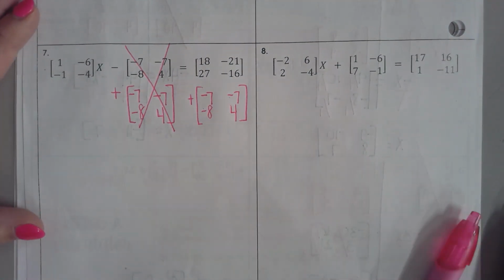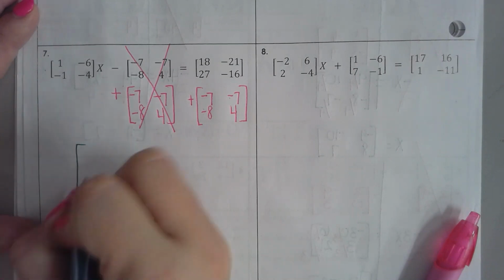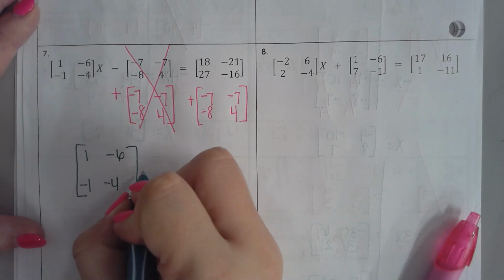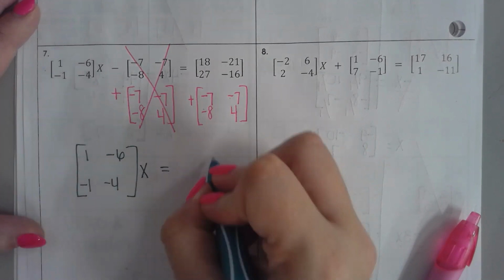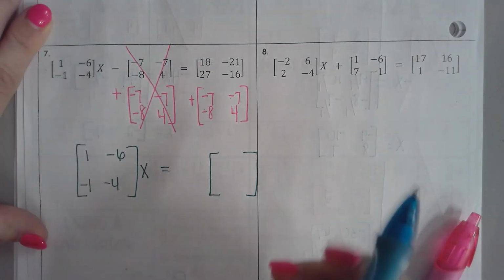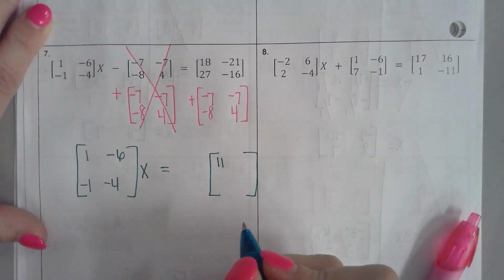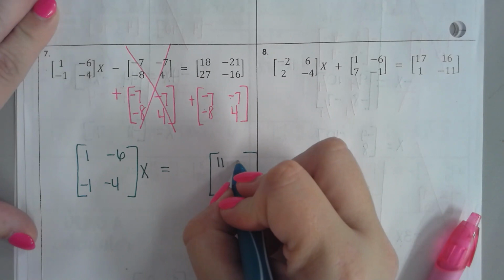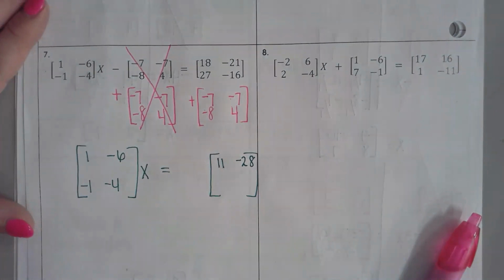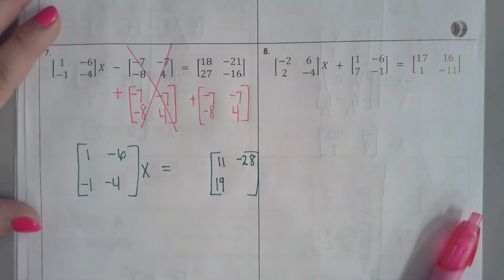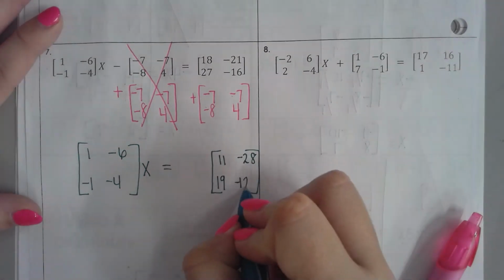So those cancel. 18 and negative 7 is 11. Negative 21 plus negative 7, negative 28. 27 plus negative 8, 19. Negative 16 plus 4, negative 12.